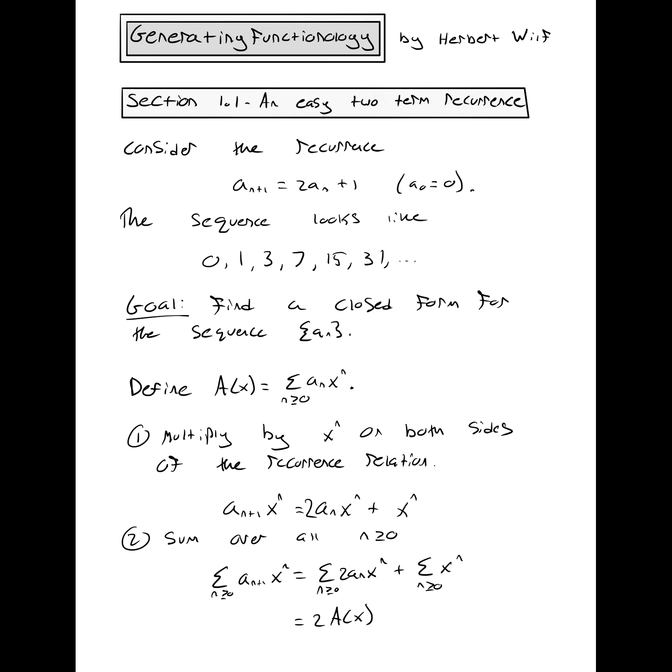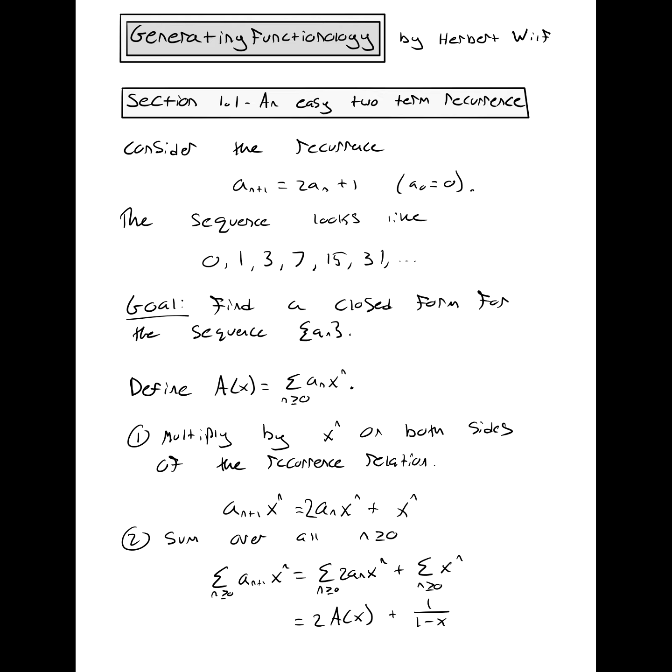Our last term, this one over here, we can actually write using our knowledge of geometric series. We could write this as 1 over 1 minus x. And again, some of you might be worried about convergence, but I'm just throwing out a disclaimer. Don't worry about that at the moment.